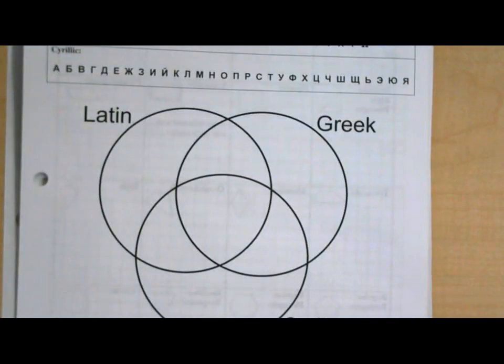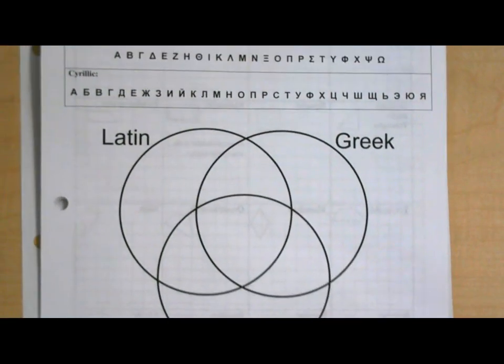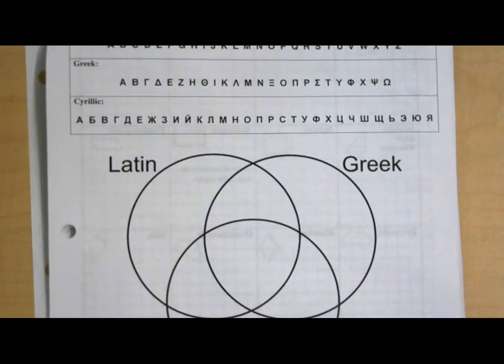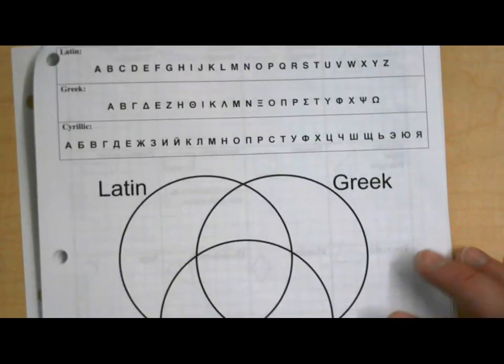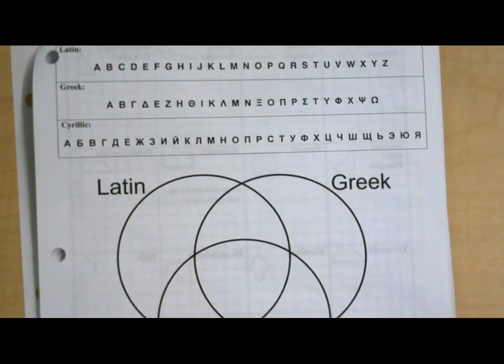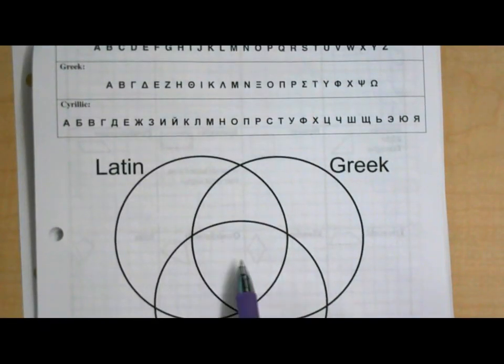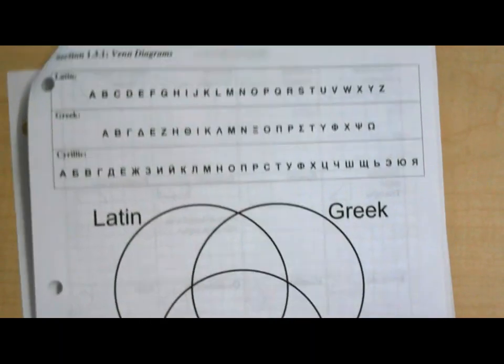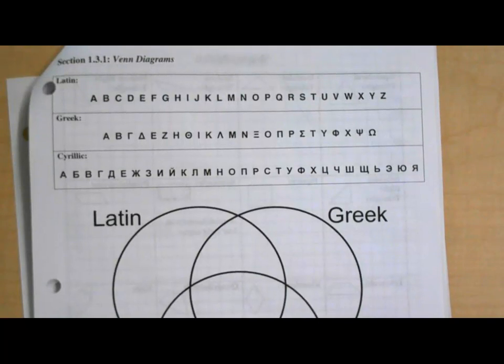So I'm not going to give you 20 minutes to do this, but let's take 5 minutes and see if we can get these letters into the right places in here. So I'll get you started. Can someone come up with some letters that belong in this region here? This would be letters that belong in the Latin and Greek and Cyrillic alphabets.